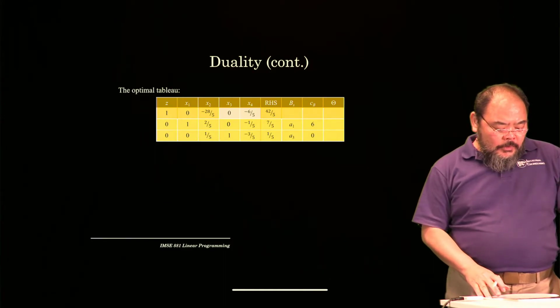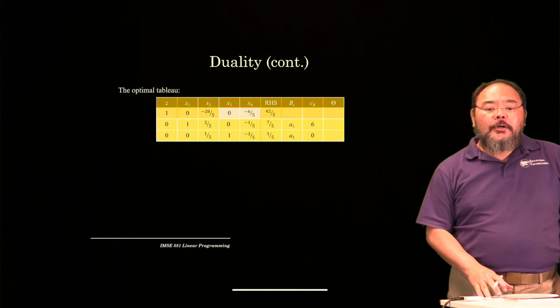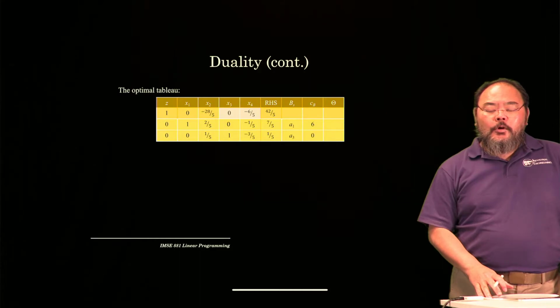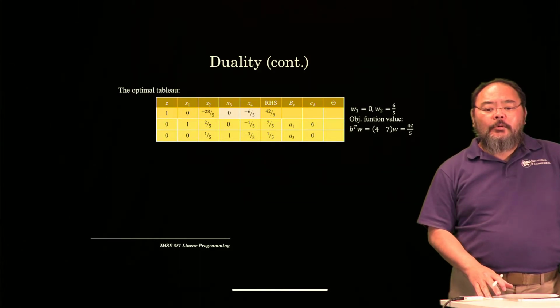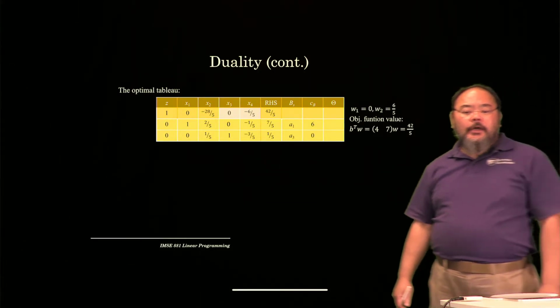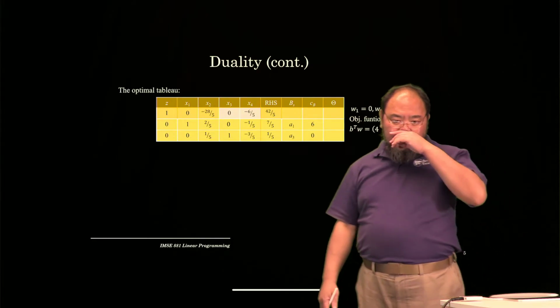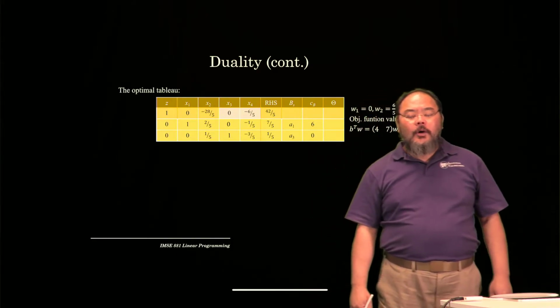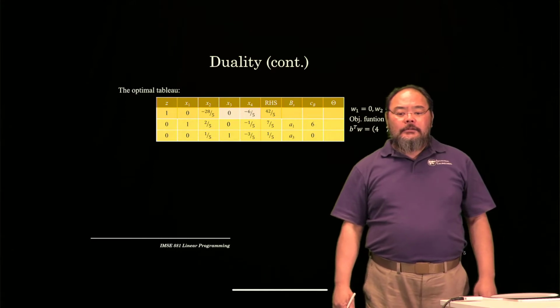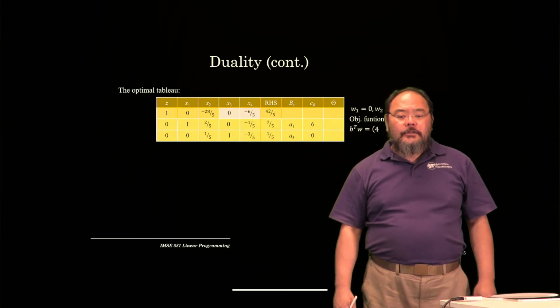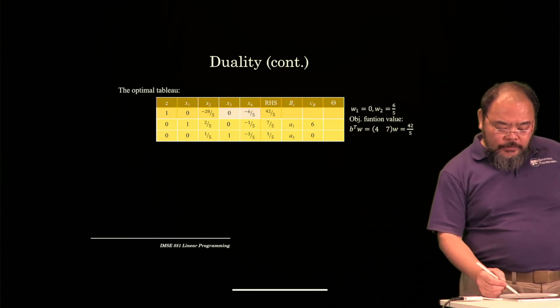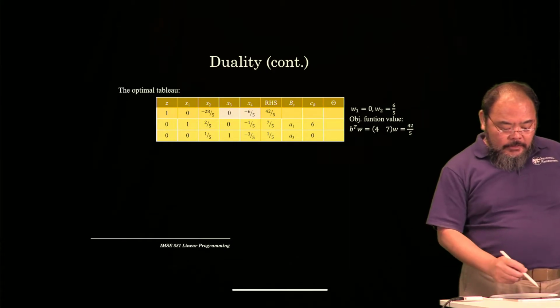So here we look at the optimal tableau for the previous problem. We have x1 and x2 as the original variables, x3 and x4 as the surplus variables, and the current objective function equals 42/5.